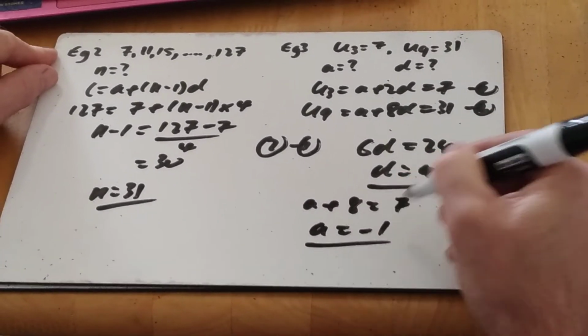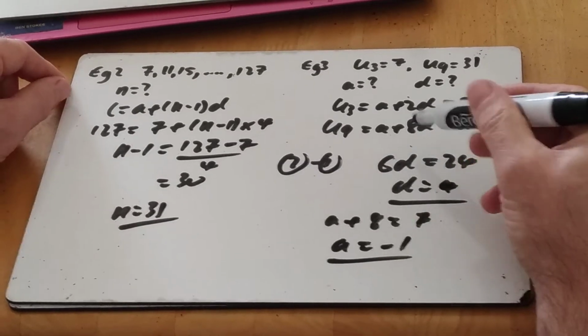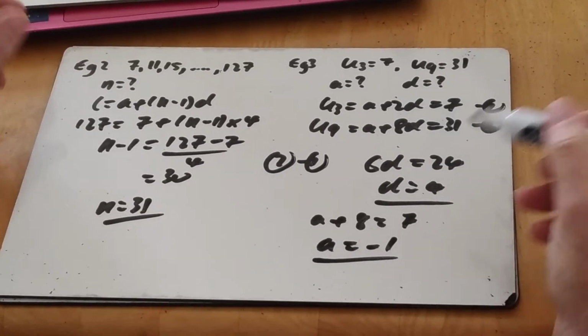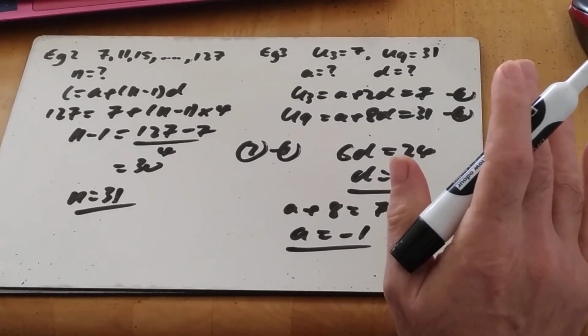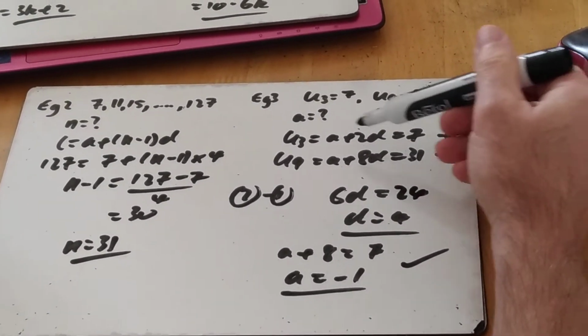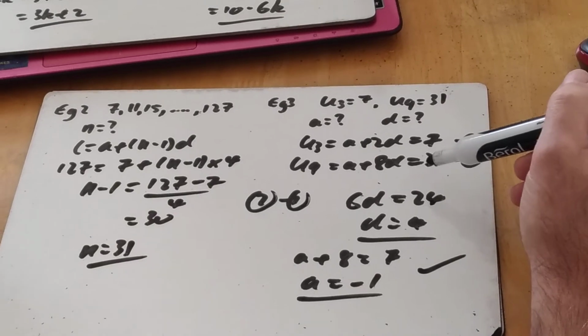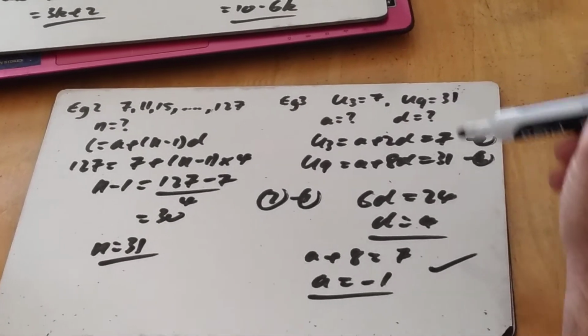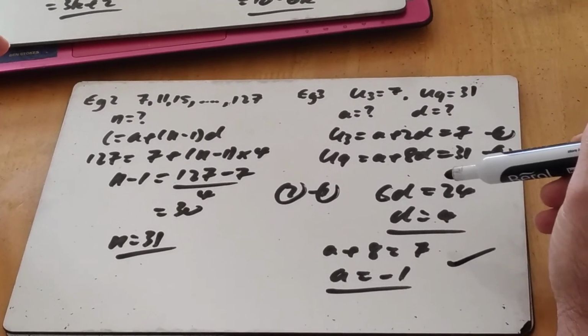So there's my difference and there's my first term. I can check in the other one, 32 minus 1 is 31, so they're my answers. As I say, you can fudge it for this question, but I want you to set up simultaneous equations and get used to using those at this stage so you can do it when it gets harder later on.